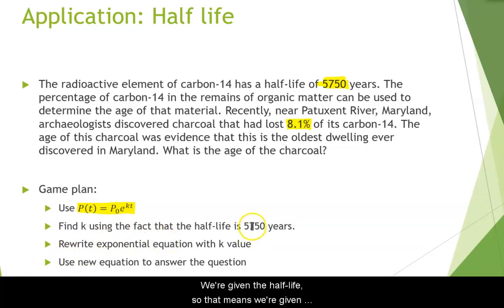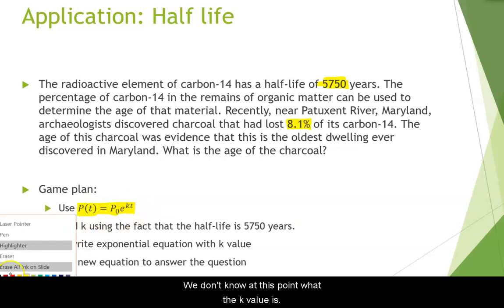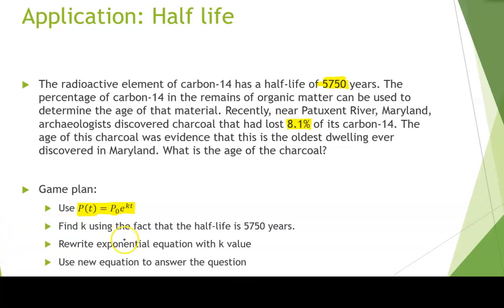We're given the half-life, so we're given some information about the original value and the new value, P naught and P, given the time. We don't know at this point what the k value is, so we're going to first find the k value. After that, we're going to rewrite this exponential, and we're going to use that new equation to answer the question.